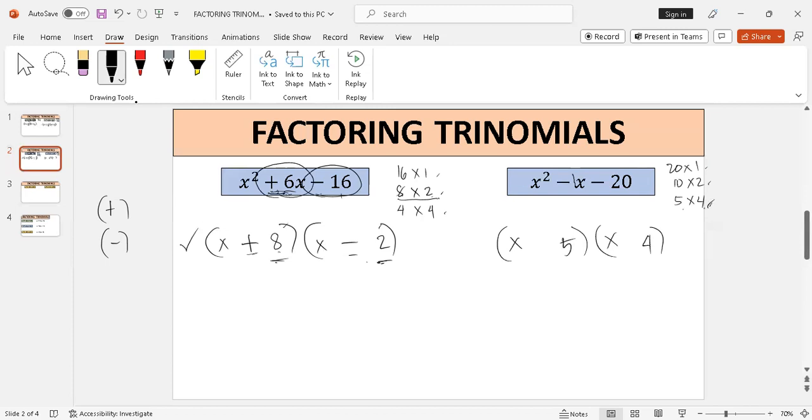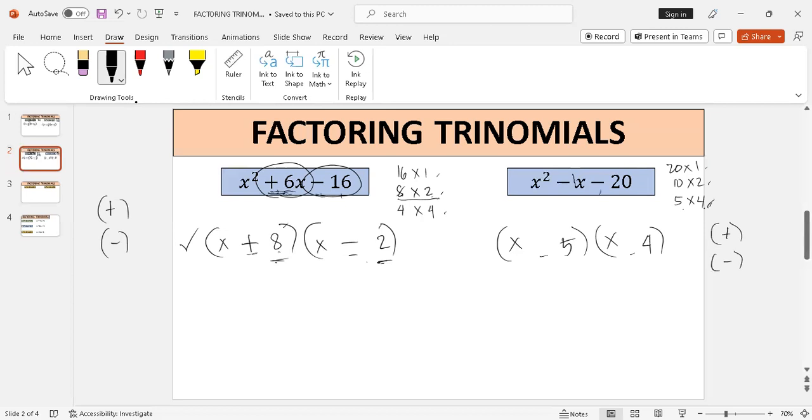Ngayon, ang magiging problema na lang natin ay kung ano yung magiging symbols ng factors. Since ang last term ay negative, dapat yung isang factor ay positive at yung isa naman ay negative. Bakit kaya positive dapat yung isa, negative naman yung isa?